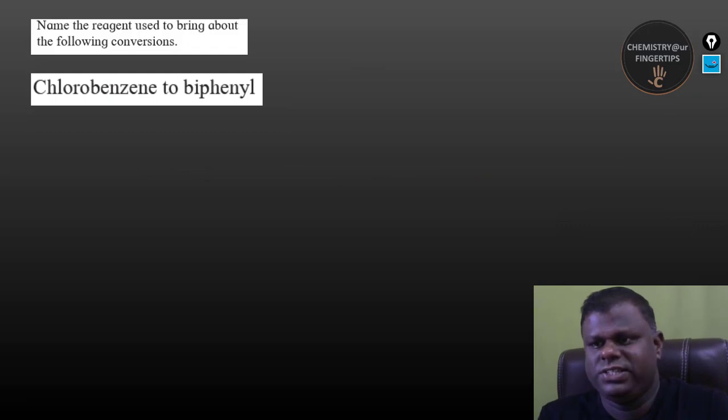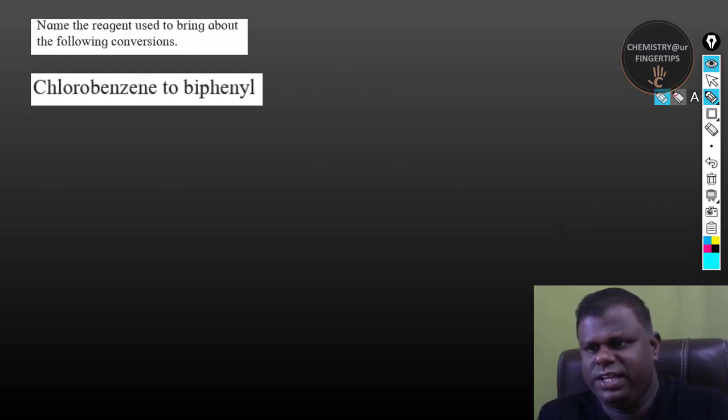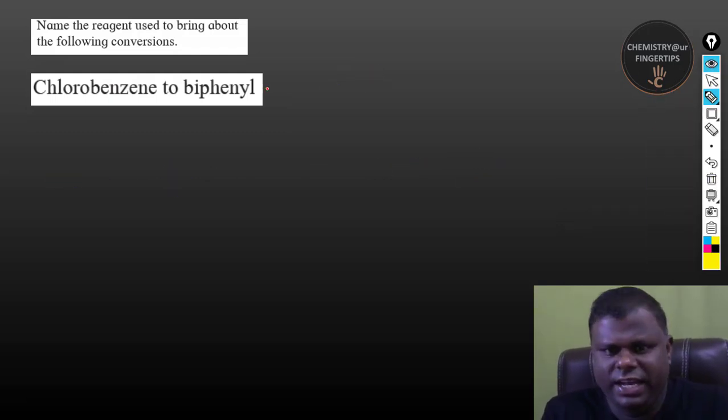Now the next is chlorobenzene to biphenyl. If you look here, chlorobenzene to biphenyl is nothing but a Wurtz-Fittig type reaction. This is a Fittig reaction, which is aryl-aryl coupling.